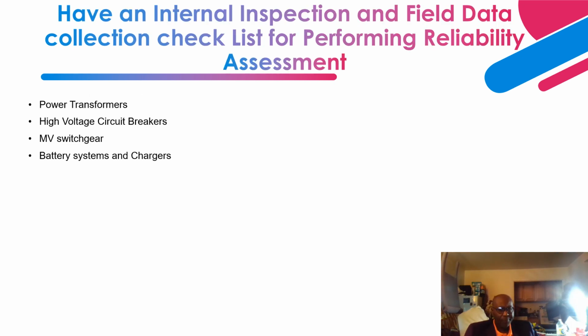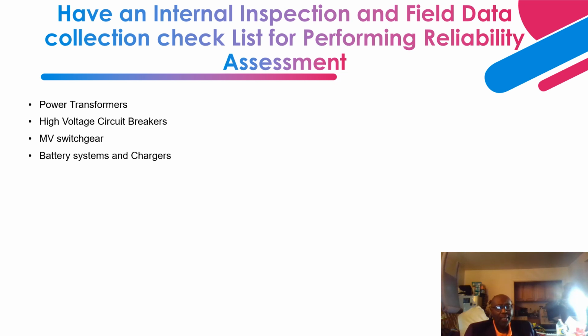Just to mention a few, these are the types of substation equipment. Like I said, if you have a generation facility, you should have motors, switchgears, generators. The list that I have is just for the main substation or proponent distribution and substation.